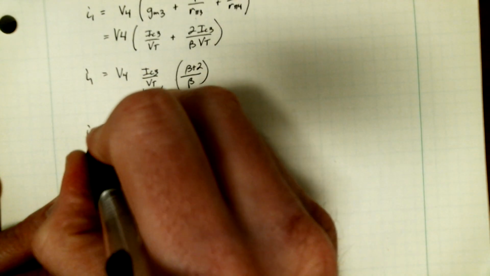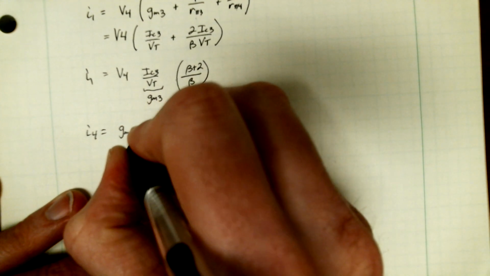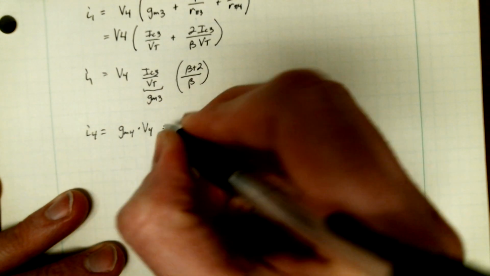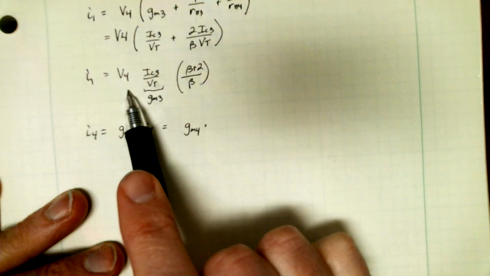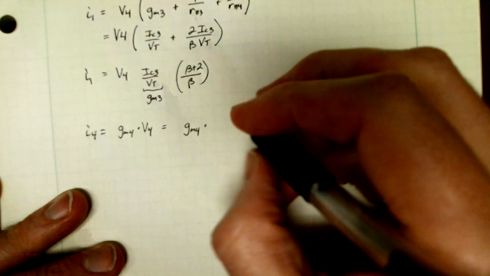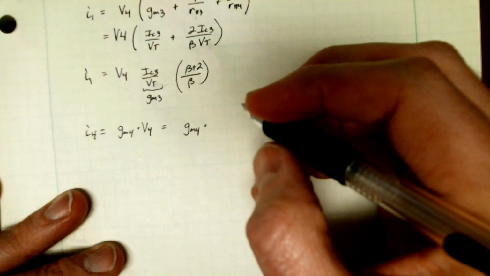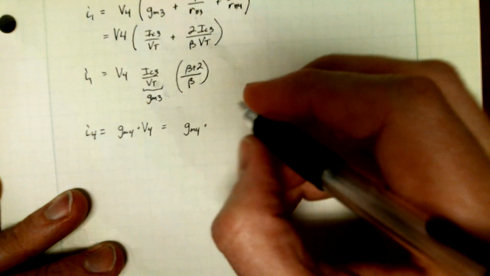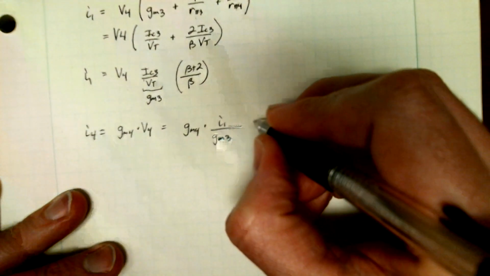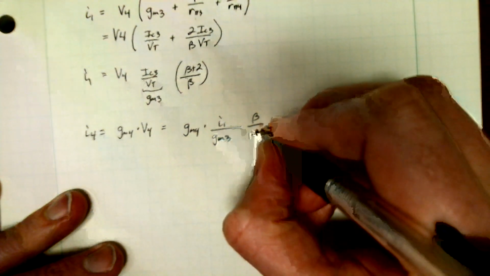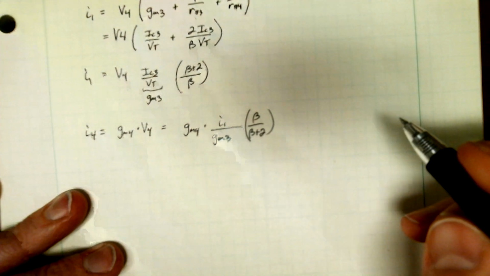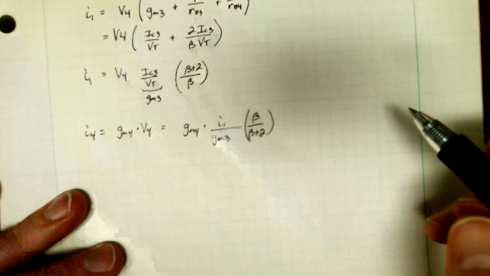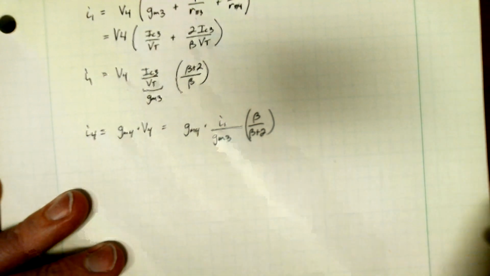Alright, so I4 is GM4 times V4, which is GM4 times, solve this for V4, we get I1 over GM3 and beta over beta plus 2. It flips around. 1, 2, 3, 4. Great.